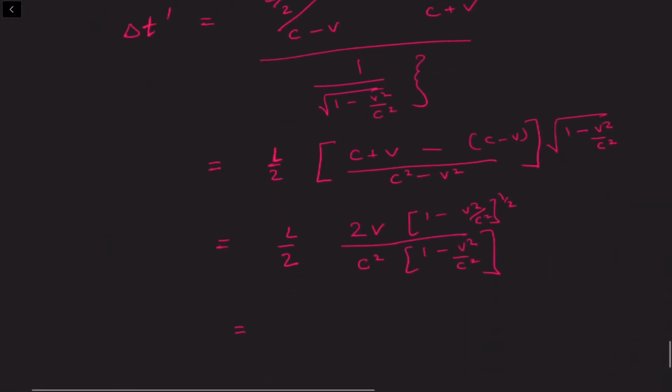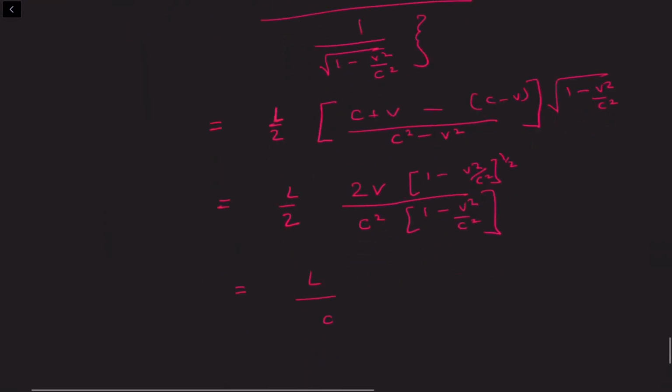So writing that more simply, the factors of 2 cancel out, and this is L over c square. Let's rewrite this like this: v over c square times L over the square root of 1 minus v square by c square.